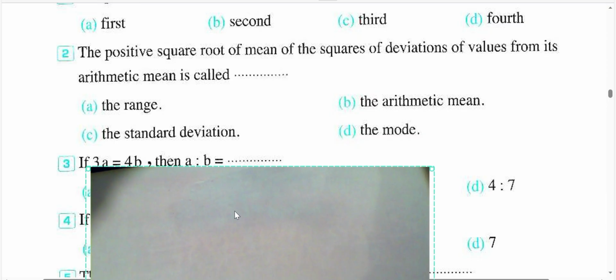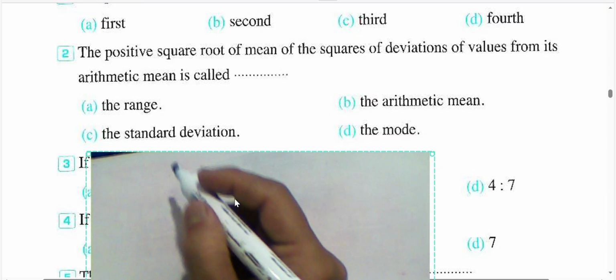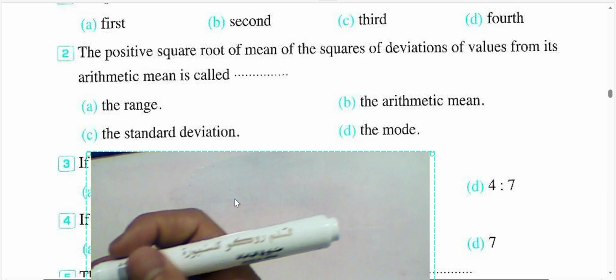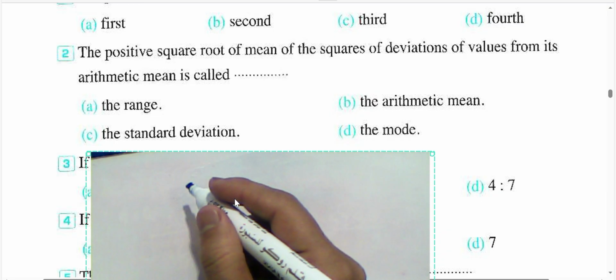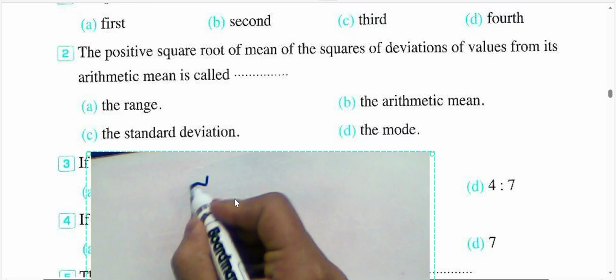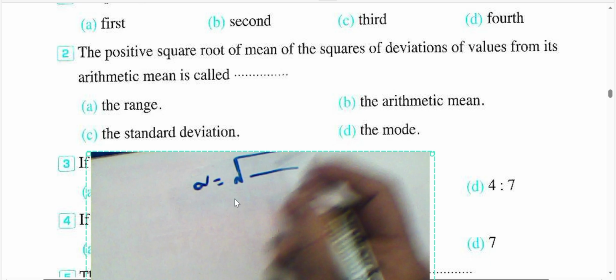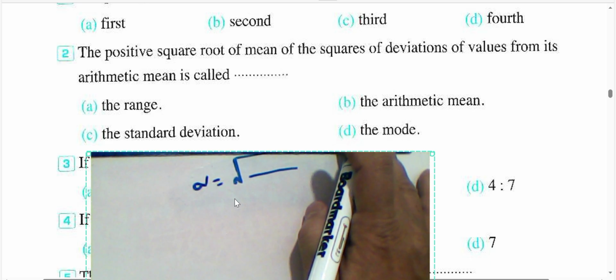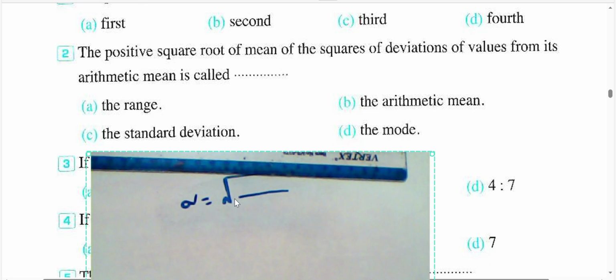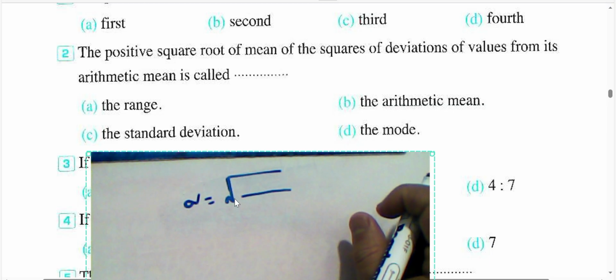The positive square root of the mean of... let's ask about the standard deviation. It's a definition about it. We know standard deviation equals the square root of the mean of the squares of deviations of values from the arithmetic mean.